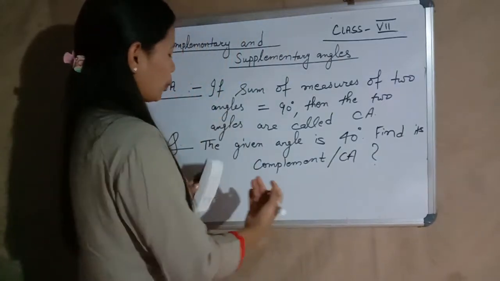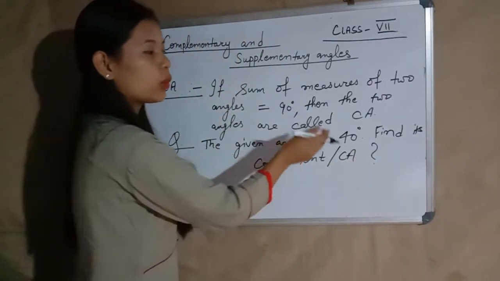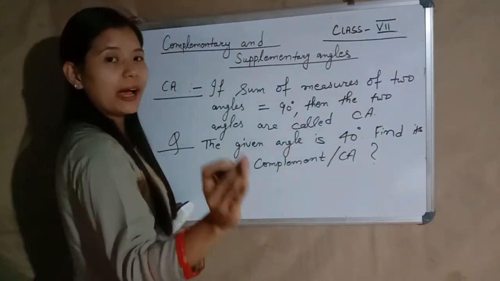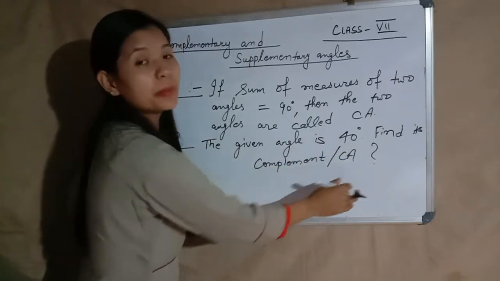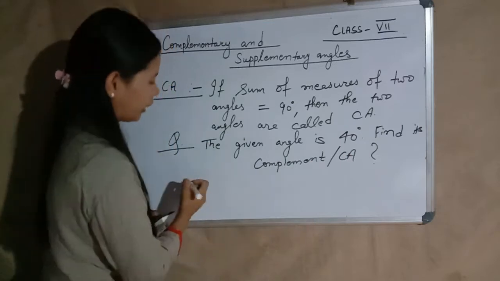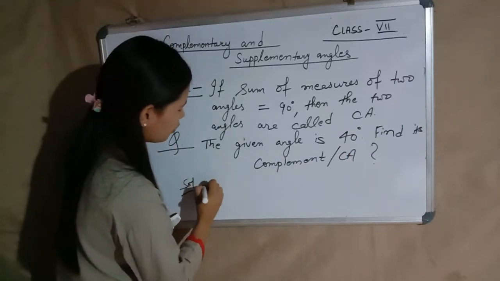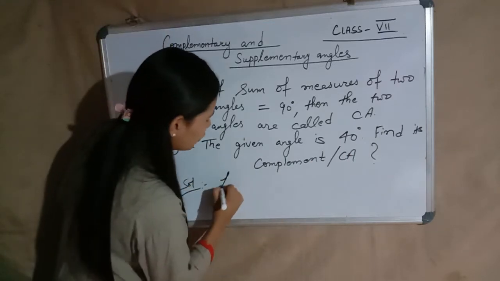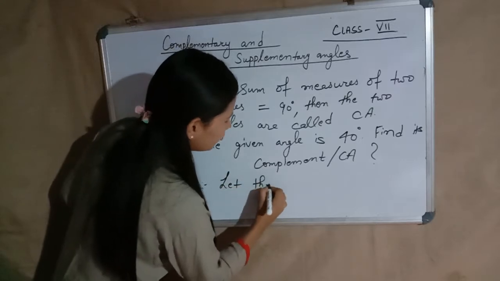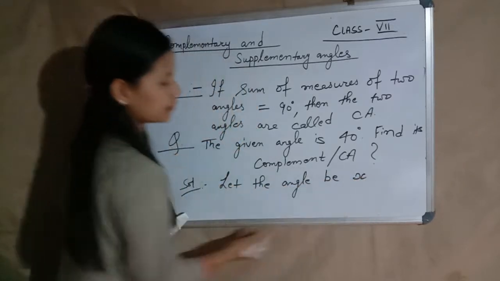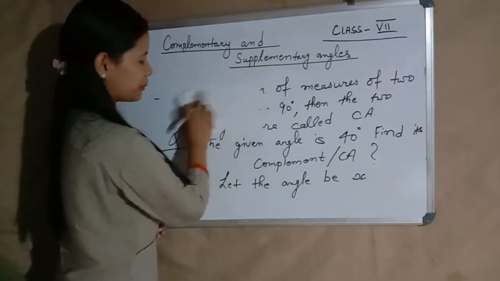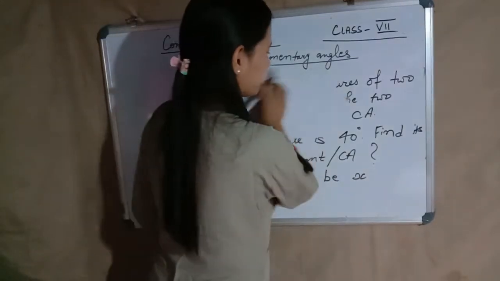When one angle is given and we need to find another complementary angle, we do not know what the other angle is, so we assume it to be x.